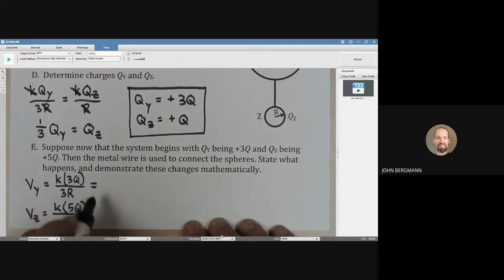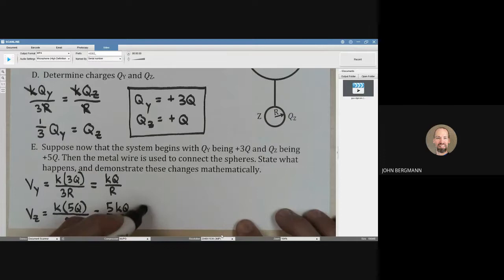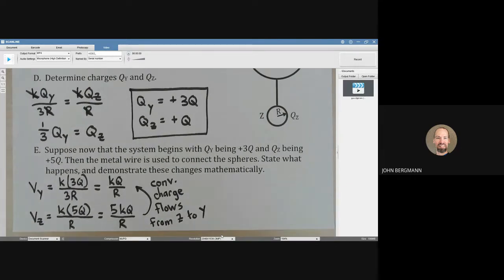This top expression simplifies to kq over r, and Vz has a value of 5kq over r. That means that z has a higher potential than y. So what's going to happen is conventional charge, which is positive, is going to flow from z to y.